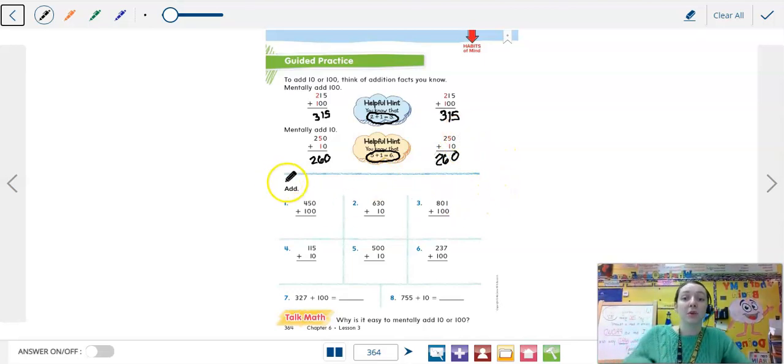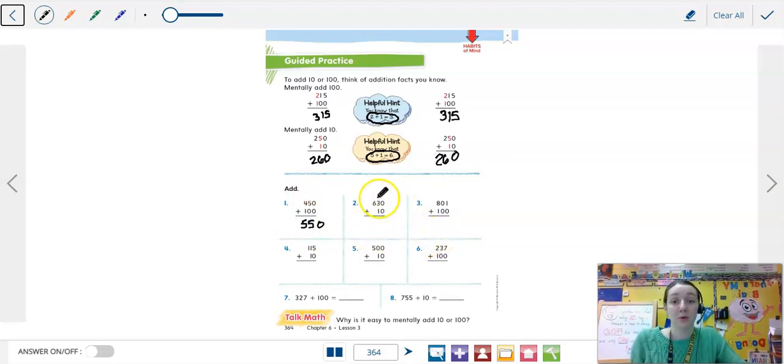Okay, so let's add some. 450 plus 100, I know my tens and ones aren't going to change, so I can mentally do 4 plus 1, which equals 5, so 450 plus 100 is going to be 550. The next one, 630 plus 10.